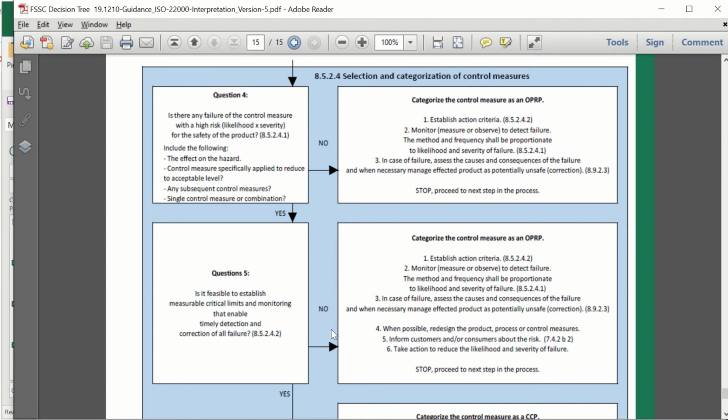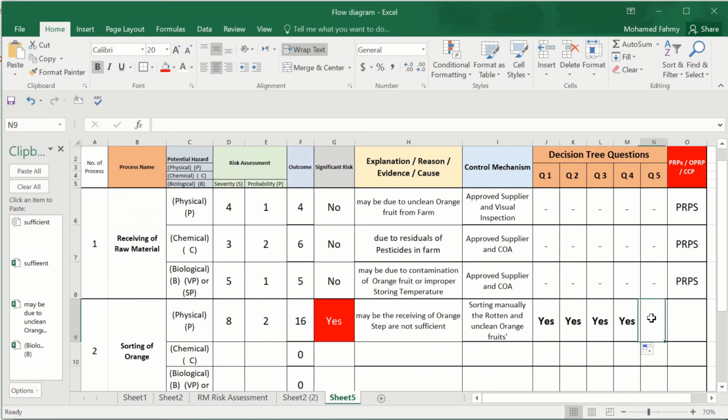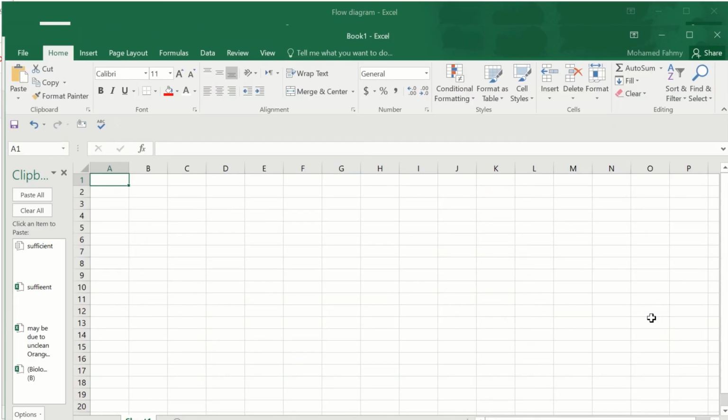No, there is another control. So what is the other control? We must monitor, detect failure, and assess the causes and consequences. All this categorizes the control measure as an OPRP. So here the answer will be no.